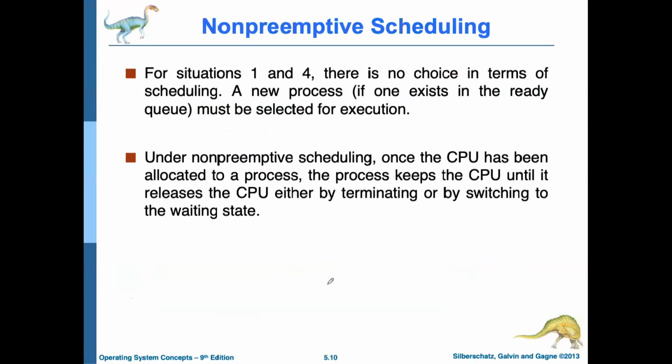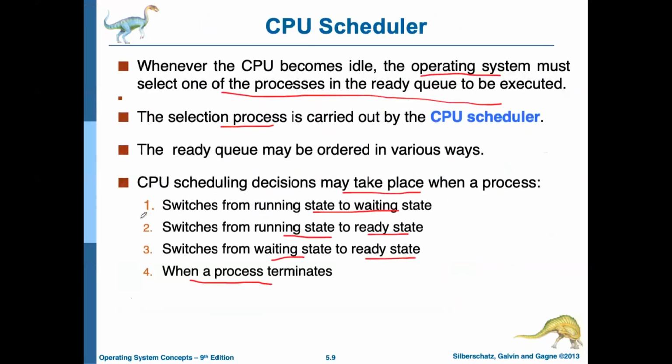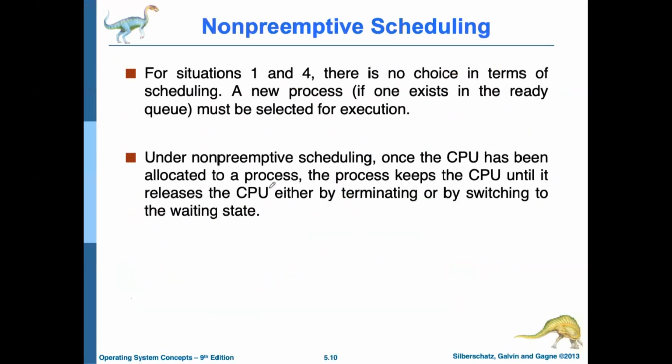Non-preemptive scheduling. For situations 1 and 4, there is no choice in terms of scheduling. A new process, if one exists in the ready queue, must be selected for execution.